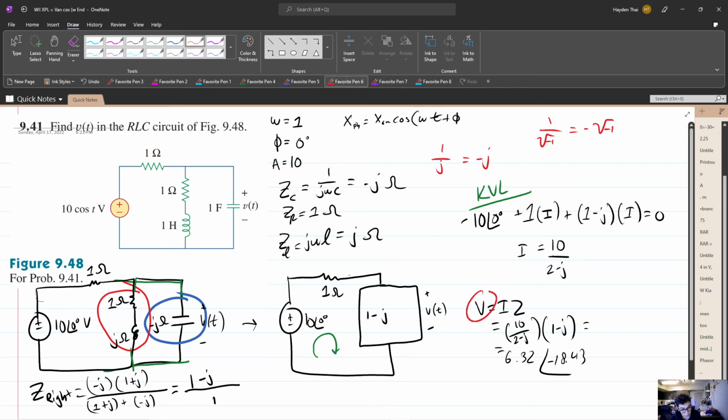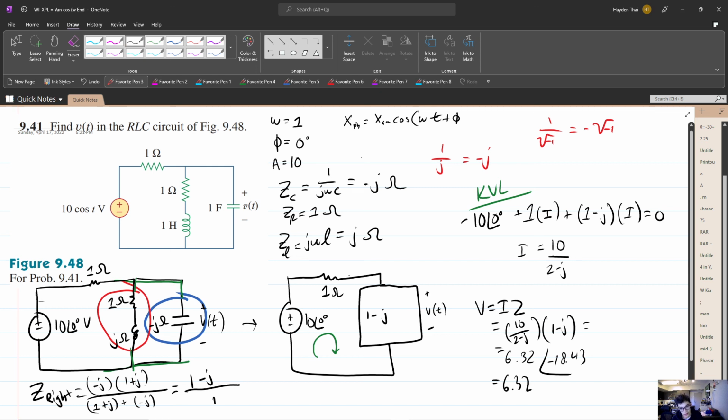When you see a capital V, and usually it'll be in bold, it's in phasor form. This one is in lowercase, and it also says with respect to time right there. We know that our final answer has to be in the time domain, and remember, this is the phasor domain. So we're almost done. All we need to do is convert this. That's super easy.